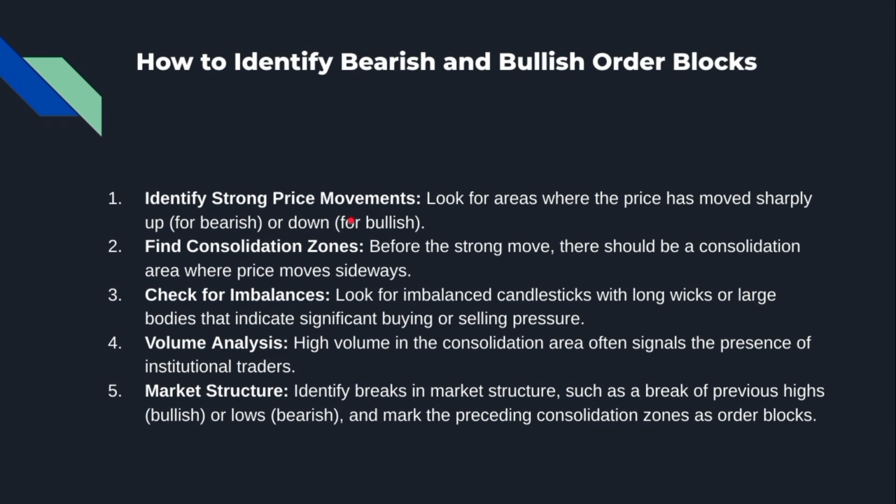So a bearish order block is when you want price to go down first and then come back up into that bearish order block and be pushed back down, right? Bullish is the opposite, when you want price to go up first, then come back down into that order block and then get pushed back up, right?